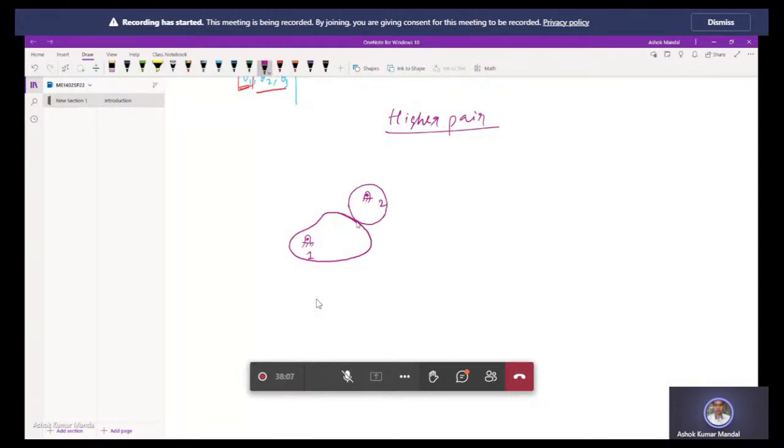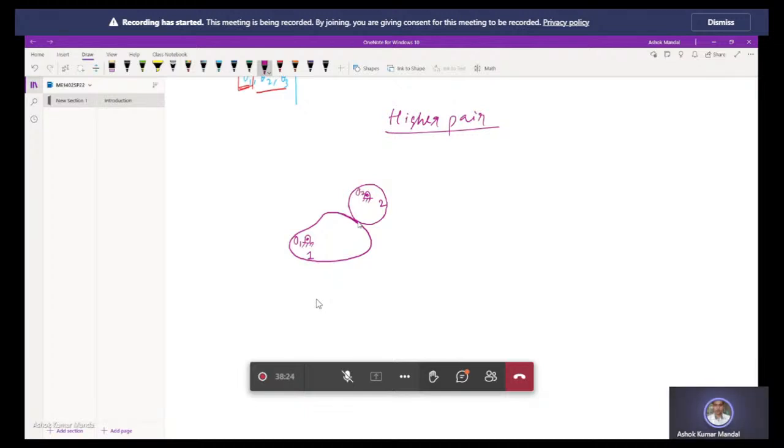Or actually, when you consider the thickness of these two links, then there is a line contact. Let us put some names. This is, let's say, O1 and this is, let's say, O2.